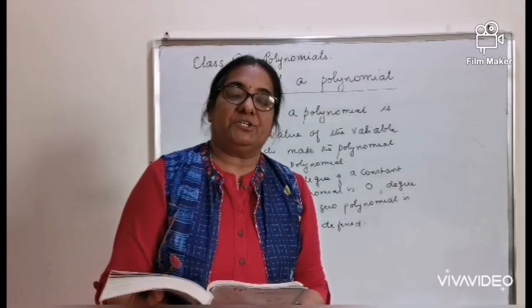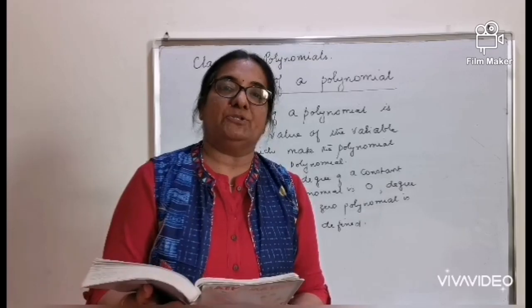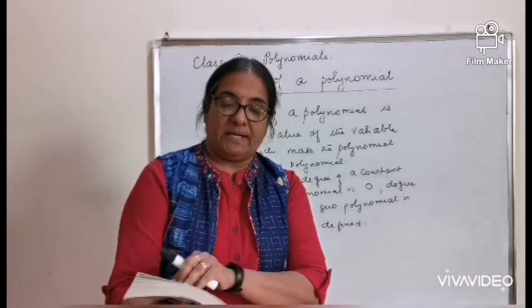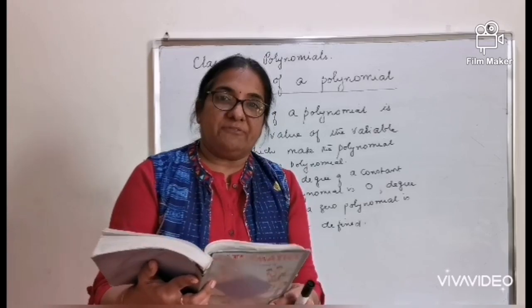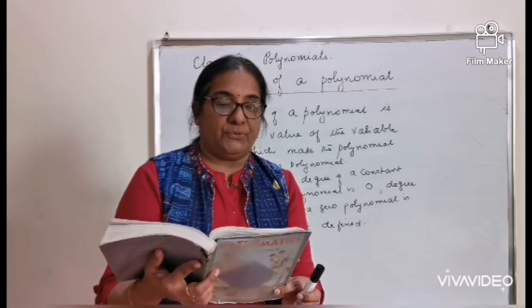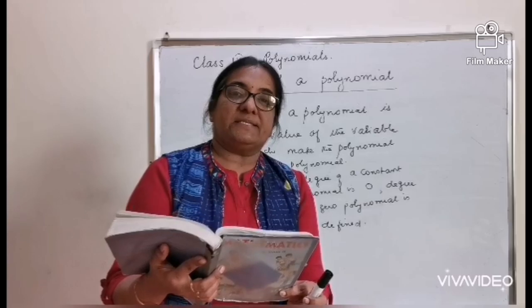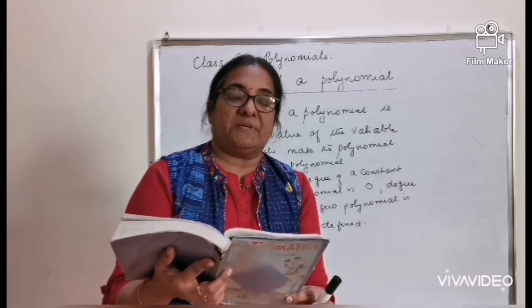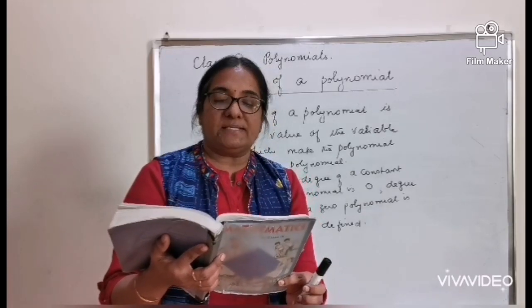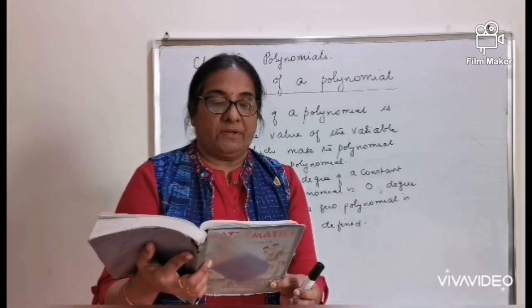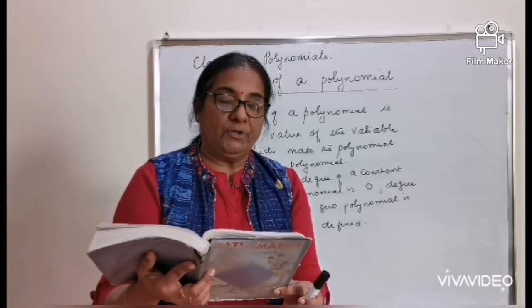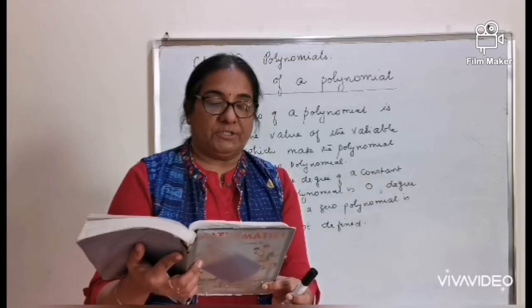By these explanations, I think children, you will be able to do exercise 2.1 as well as exercise 2.2. Just briefly, I will read the questions for you. First question, exercise 2.1. Which of the following expressions are polynomials in one variable and which are not? Write the reasons for the polynomials which are not.